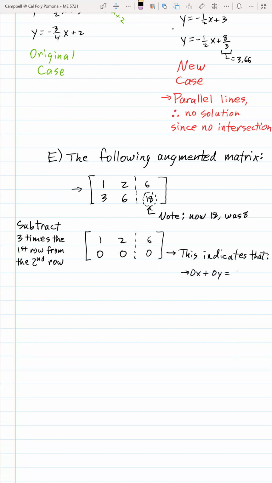And then for the last entry in the constant vector, that's just 0. And as I've already indicated, this is consistent, because we get that 0x plus 0y is 0, and that's equal to 0, and that's a true statement.